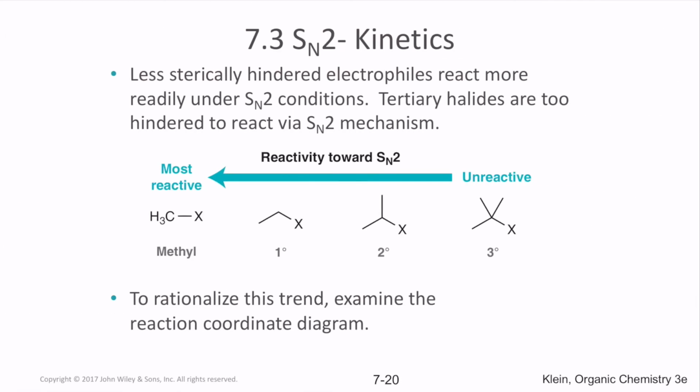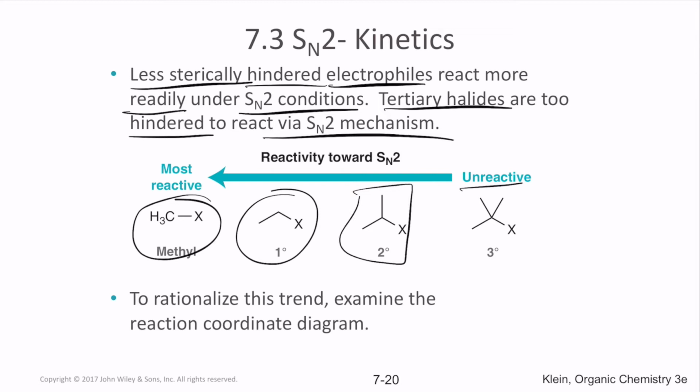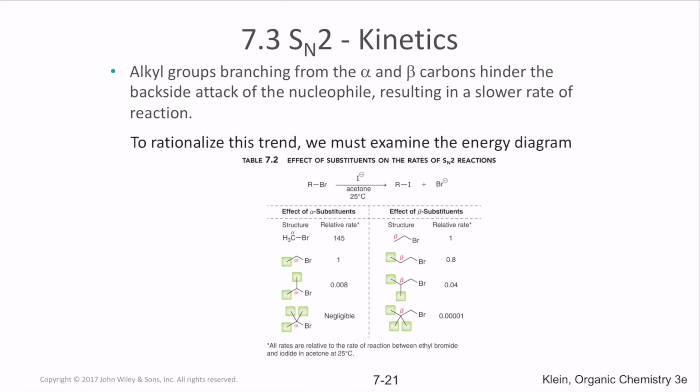Now, in terms of the kinetics, less sterically hindered electrophiles generally react more readily under SN2 conditions. Tertiary halides are generally too hindered to react via the SN2 mechanism. The most reactive one is methyl, and next is primary. Secondary and tertiary are generally much more unreactive in SN2.